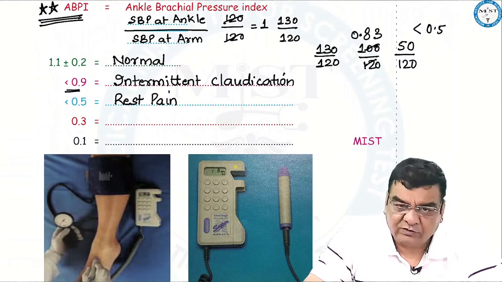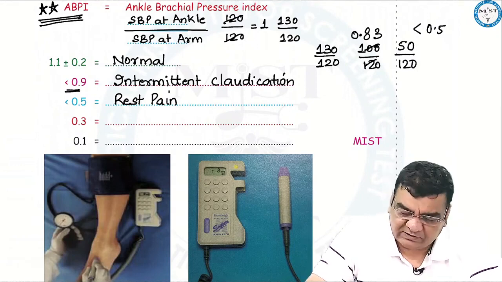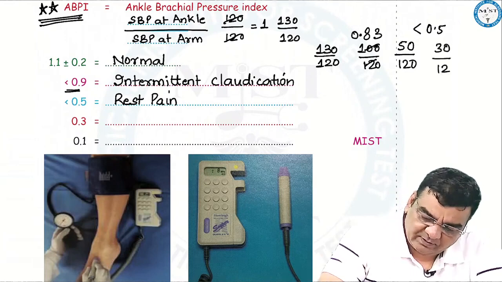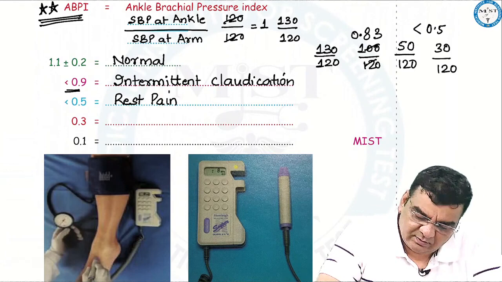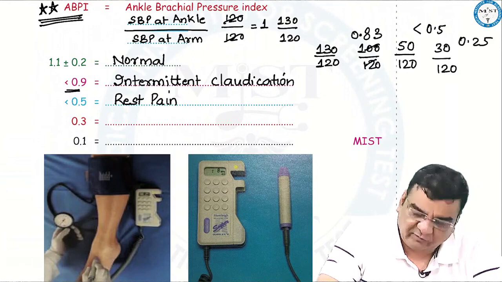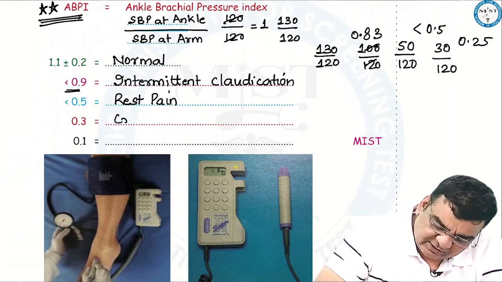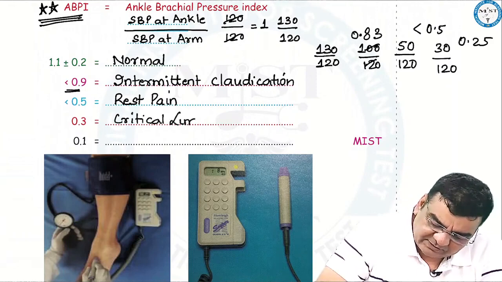If this ratio goes down further, for example, suppose this pressure goes down to 30, so the ratio is 0.25 or somewhere around this. Then we say critical limb ischemia.